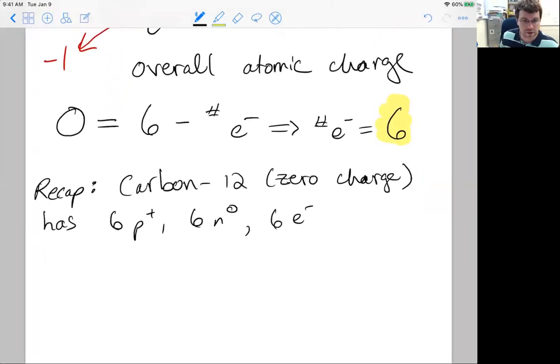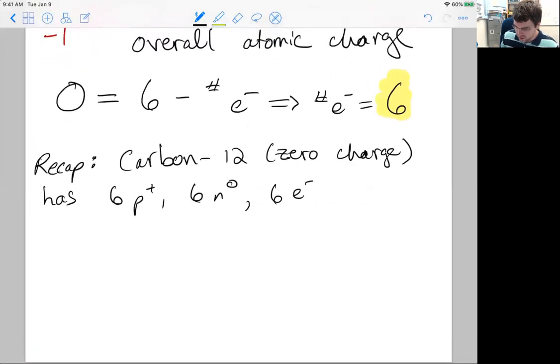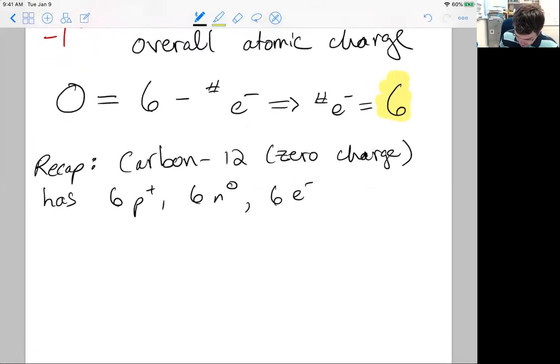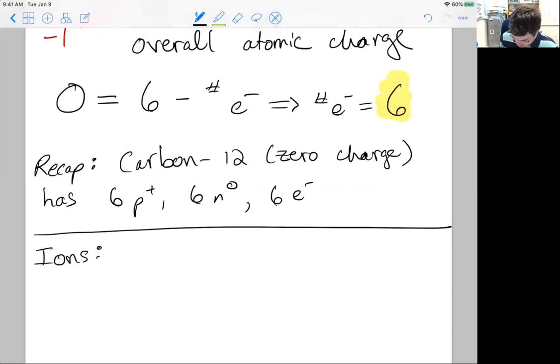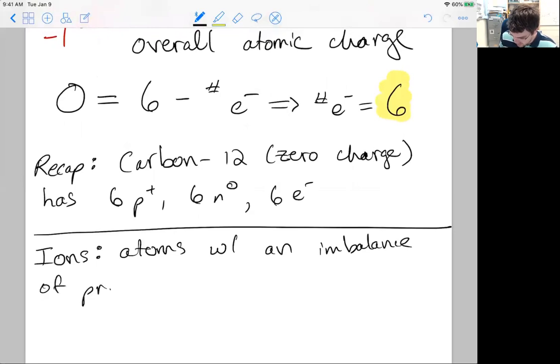What I want to do now is move into situations where atoms have an imbalance of protons and electrons. And these are called ions. Ions are atoms with an imbalance of protons and electrons.